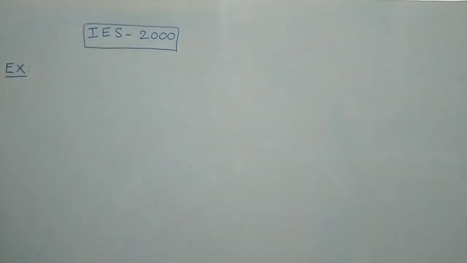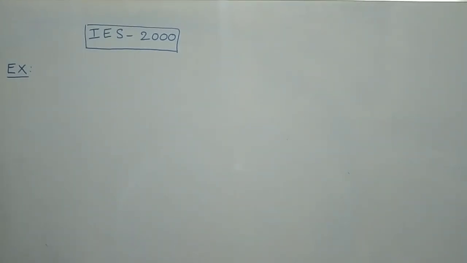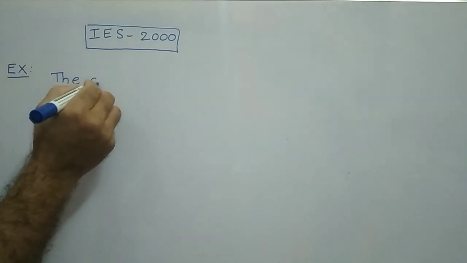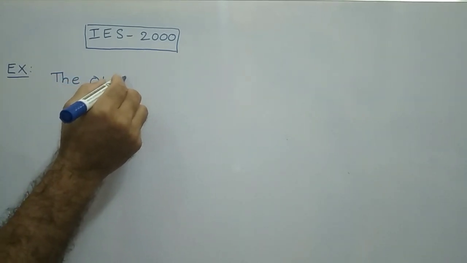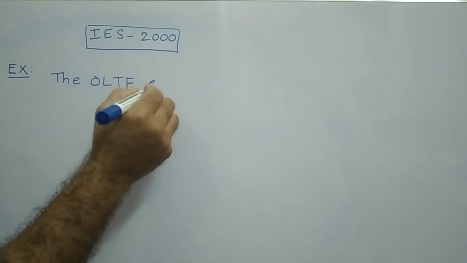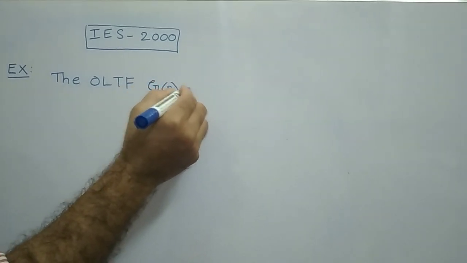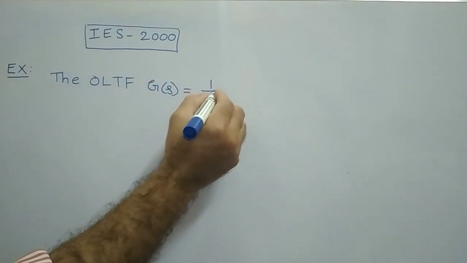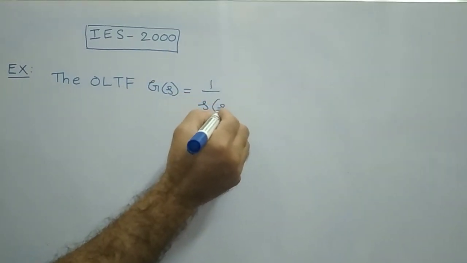The question is this: the open loop transfer function G of S is given as 1 by S into, the same as we have seen.